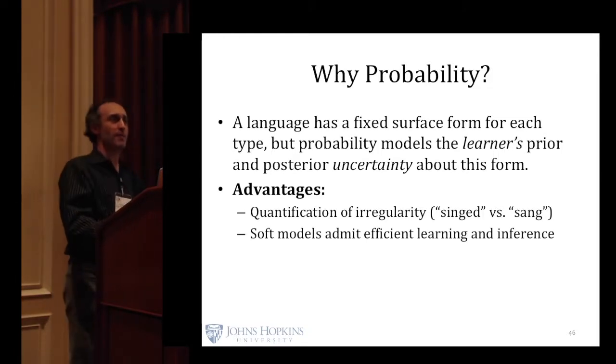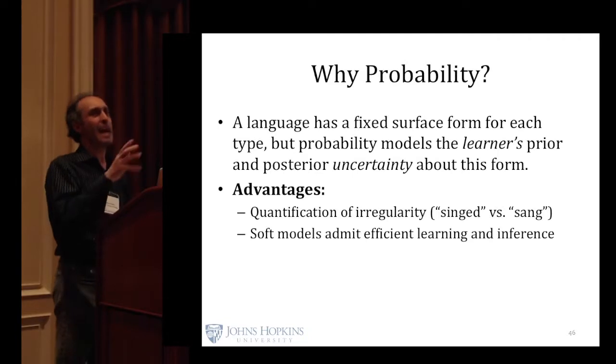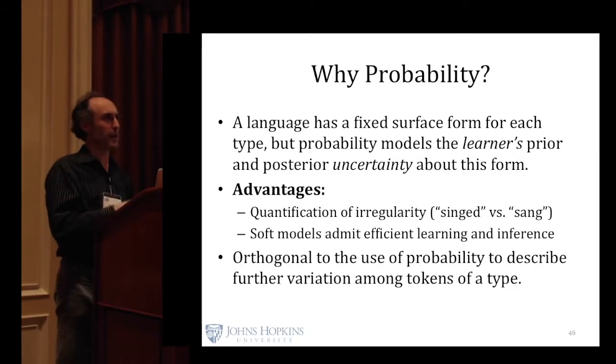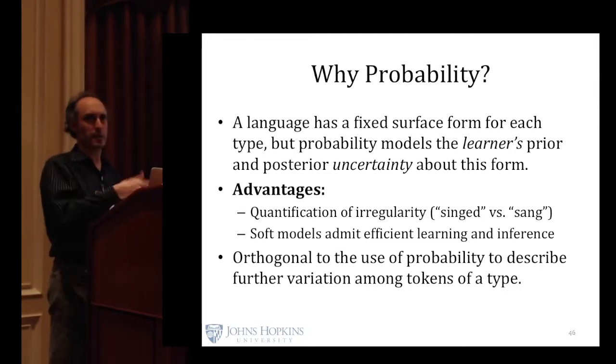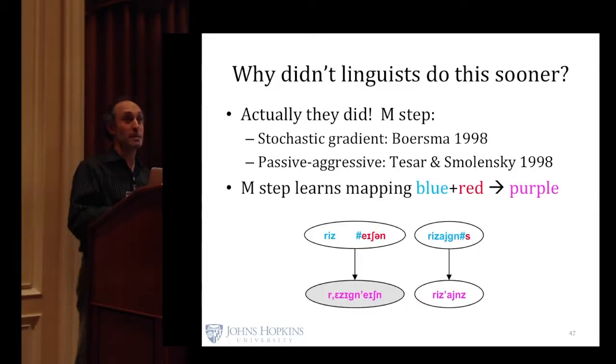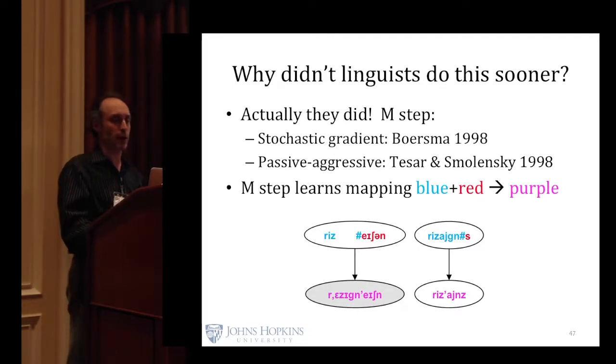And when we have these kind of smooth models that say every form is possible, but some are more probable than others, it's somewhat easier to learn because we can follow a gradient that tries to improve the probability of what we've seen. So again, this is orthogonal to modeling token-to-token variation, which we don't have in our data set, which is only types. So why didn't linguists do this kind of thing sooner? Well, the M step actually has been quite well studied, so learning the parameters of harmonic grammars.